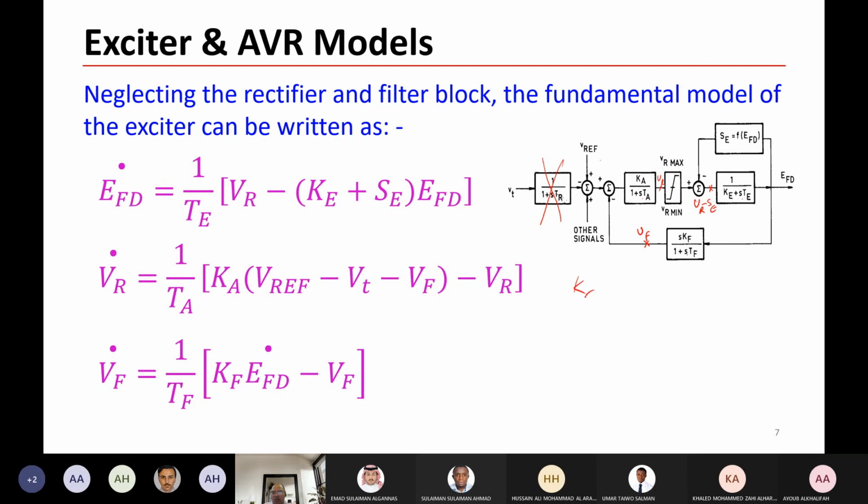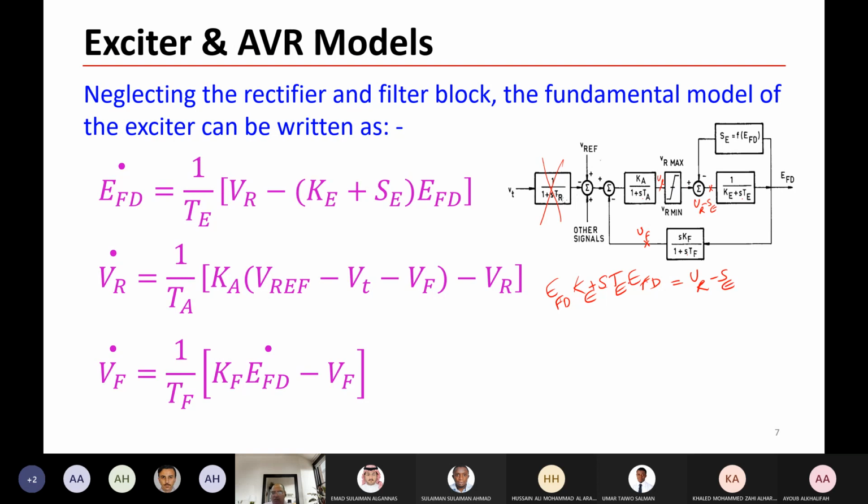So you can write KE EFD plus SE EFD plus TE EFD dot equal to VR minus SE.